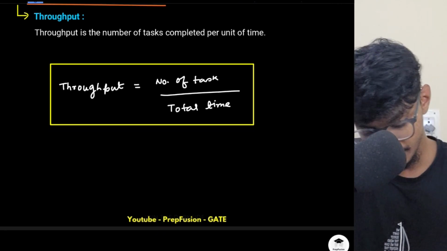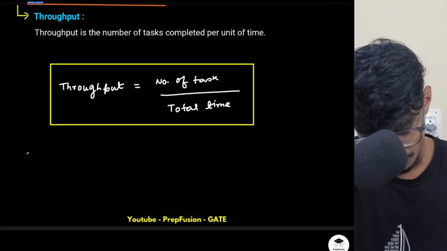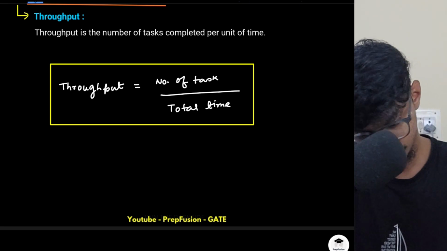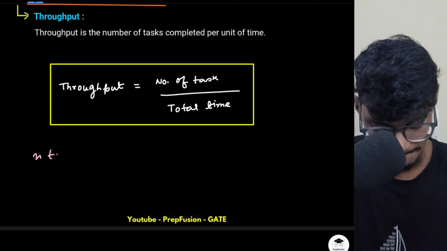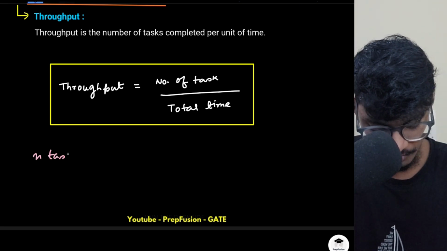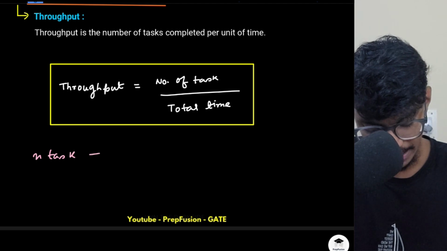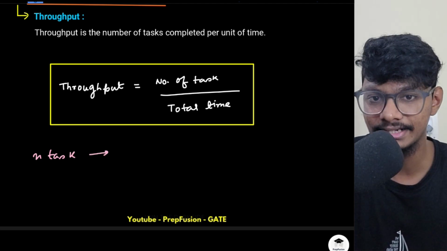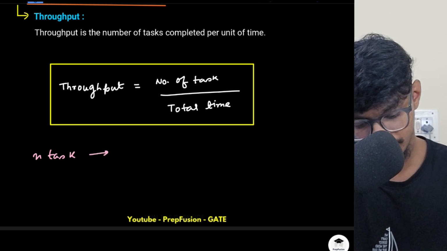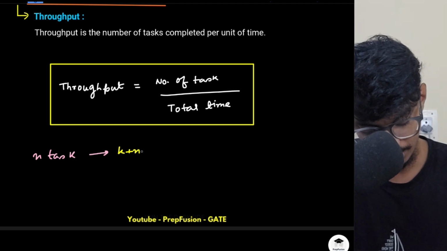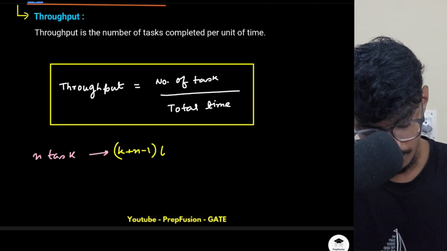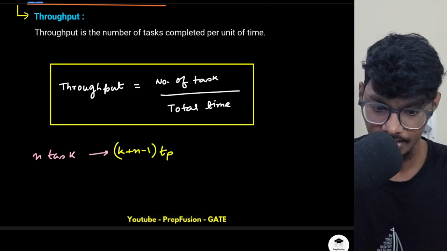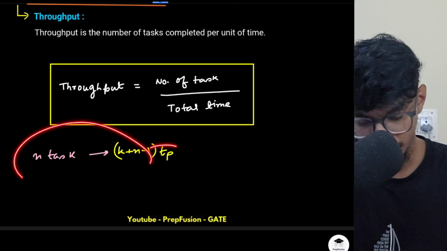Let's say I am performing n tasks. And what is the time taken to perform these n tasks? If you remember, it is (k + n - 1) * TP. So just taking the ratio will give me throughput.